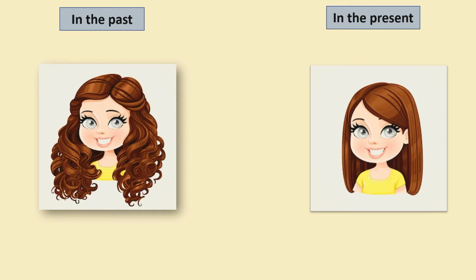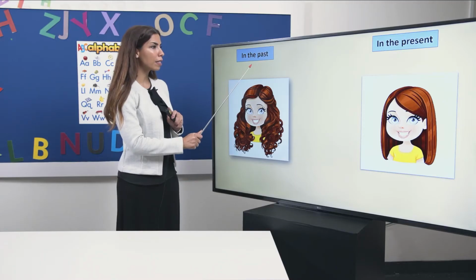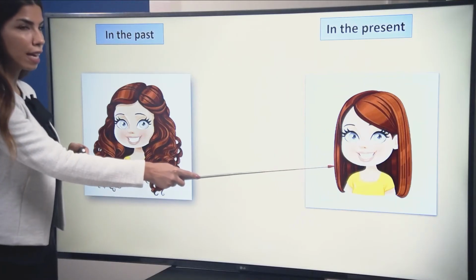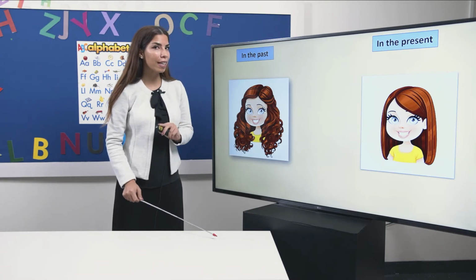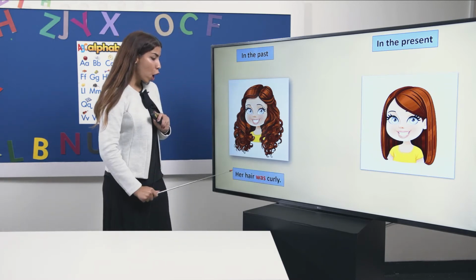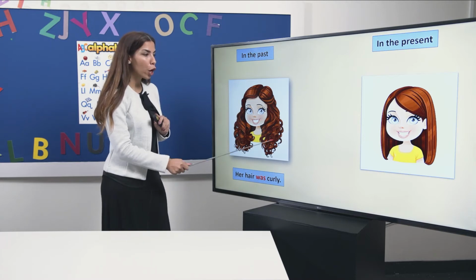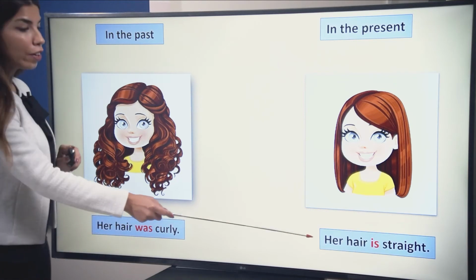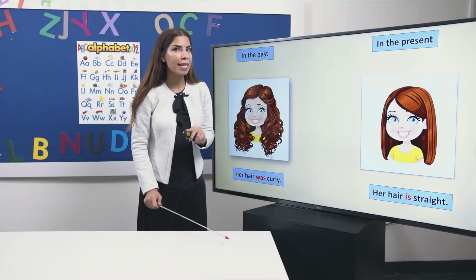What about this girl? How was her hair in the past? Did it look the same as it looks today? What do you think? Let's see. In the past, her hair was curly. But in the present, her hair is straight.